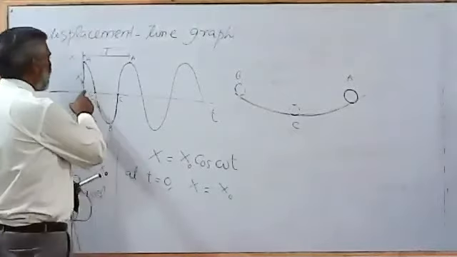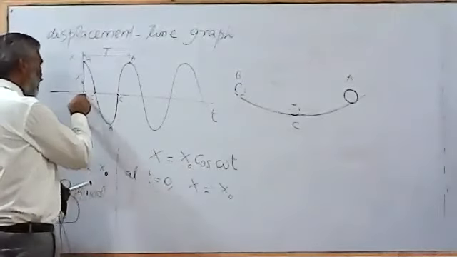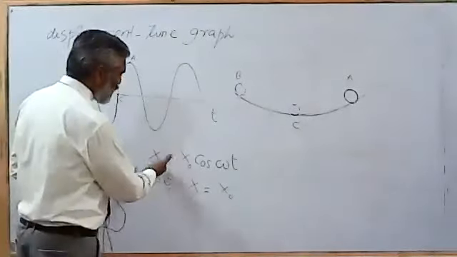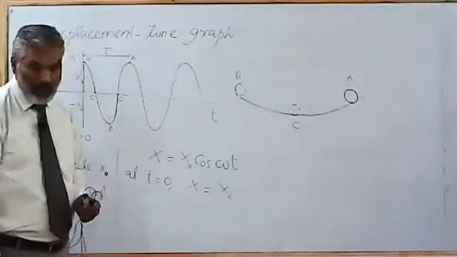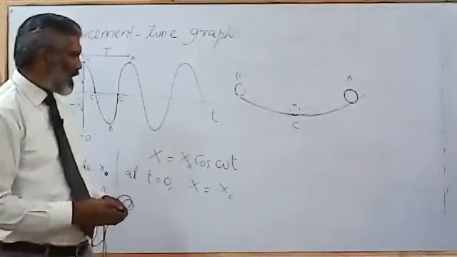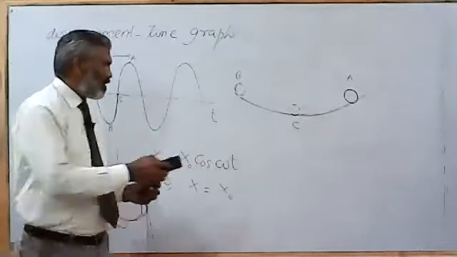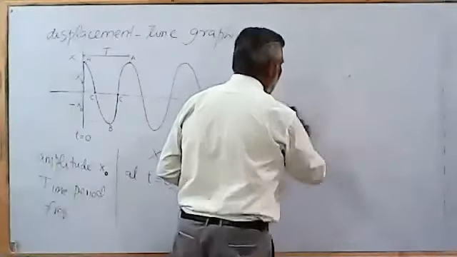If we start this graph from the mean position instead of the extreme position, this equation could be x is equal to x naught sine omega t. I hope you all understand that simple fact, and let me quickly make it here so there is no doubt left.